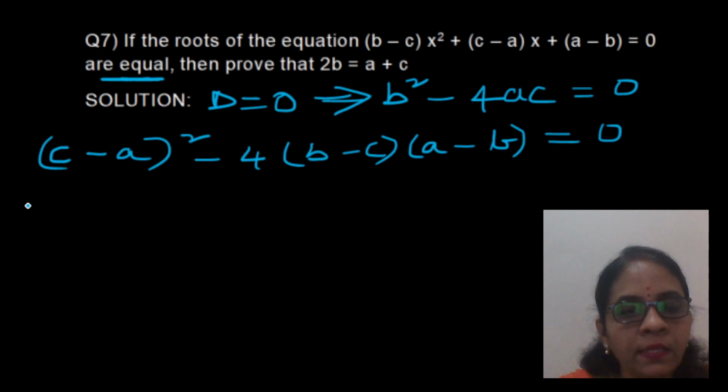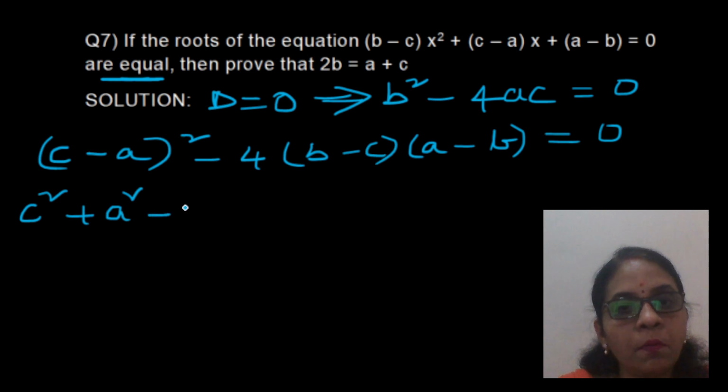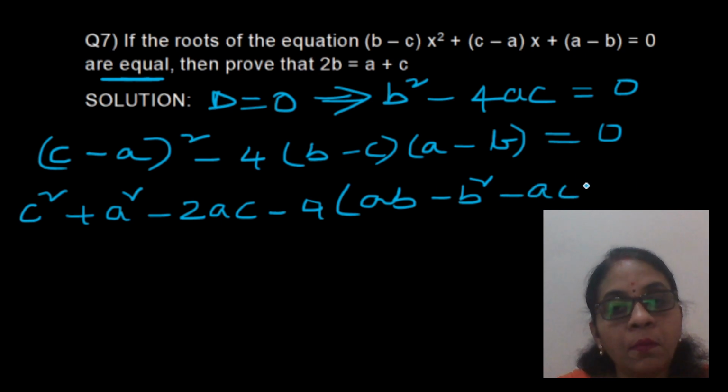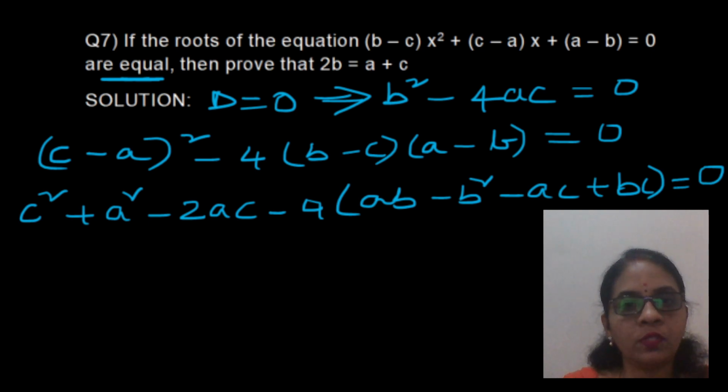So let us expand this. So this is c square plus a square minus 2ac, and this is minus 4 into (ab minus b square minus ac plus bc), which is equal to 0.